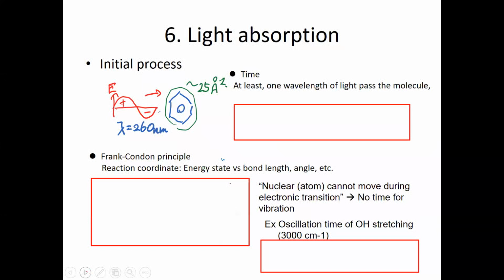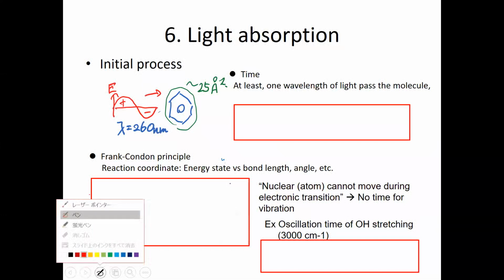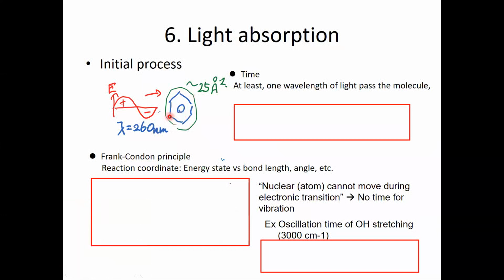So here's the process. Simply, we are going to think about some molecule like benzene, and light is propagating towards this benzene, right? And benzene has light absorption around the wavelength of 260 nanometer. On the other hand, the size of the benzene is 25 square angstrom.